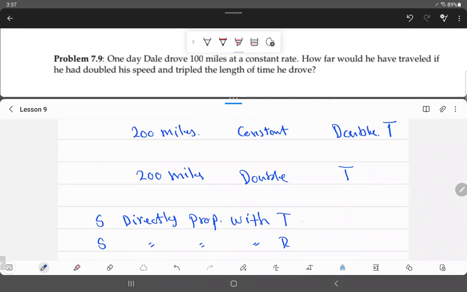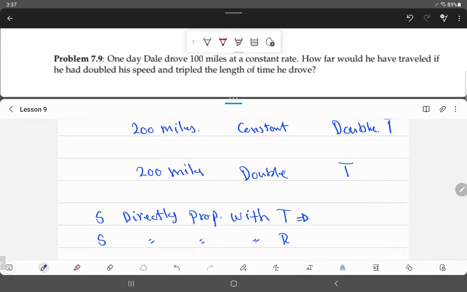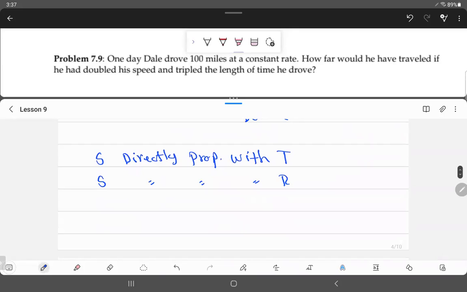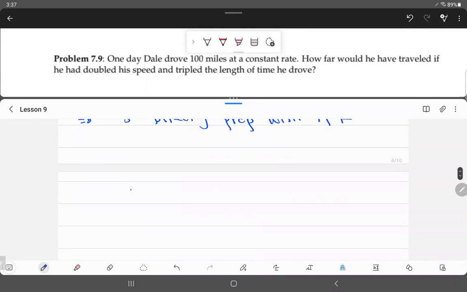So from these two, because S is directly proportional with both t and r, that tells us S over r times t is equal to K, the constant of proportionality.